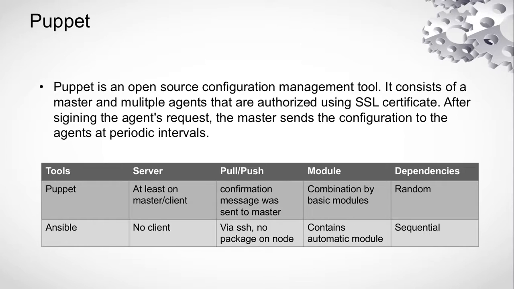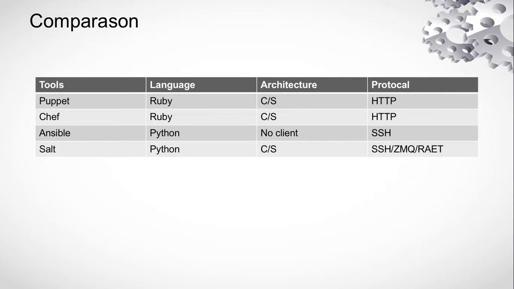Puppet's dependencies are random, while Ansible's are sequential, and Puppet needs at least one server, but Ansible needs no client. Puppet uses a confirmation message sent to the master, while Ansible uses a push model via SSH. At last, here is the comparison of the four tools according to language, architecture, and protocols. Next, I will show you some demos of our tech talks.